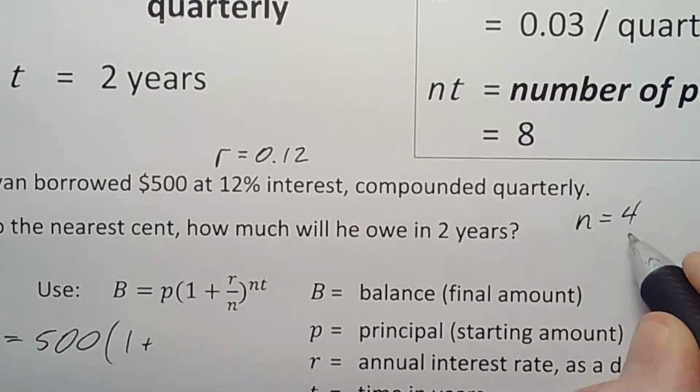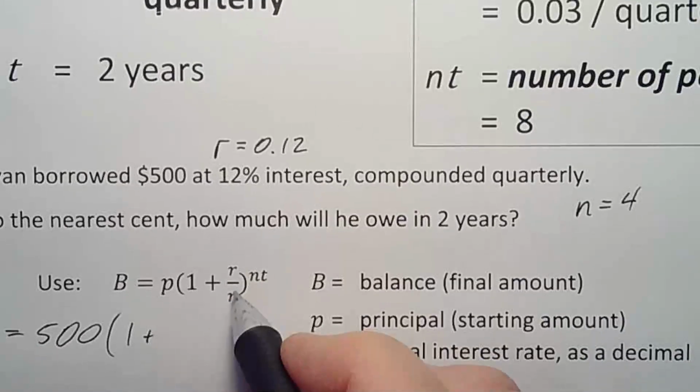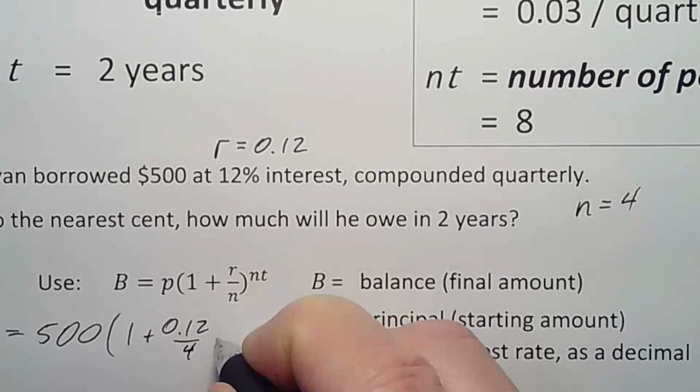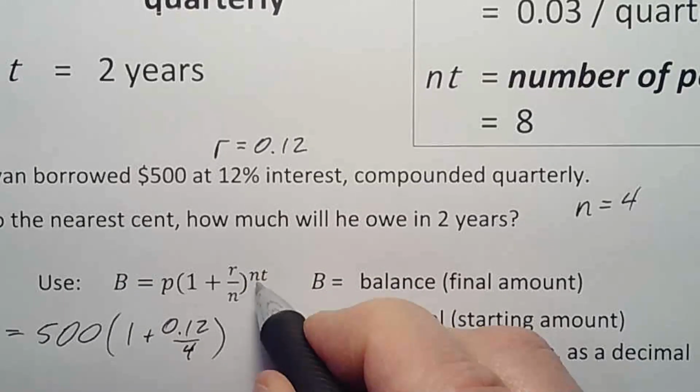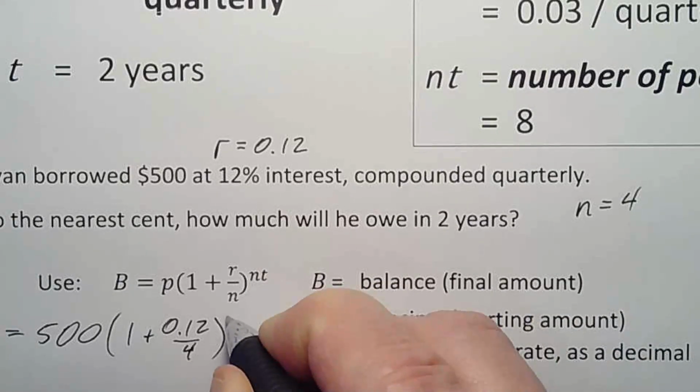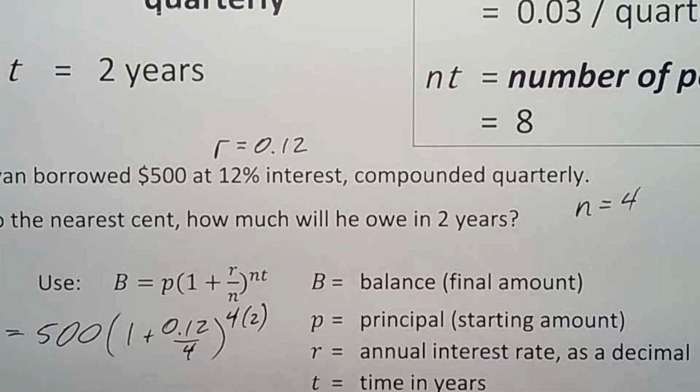I'm doing this 4 times per year. So R over N is 0.12 over 4. And then NT, it would have been 2 times, but we're doing it 4 times, so it's 4 times 2.